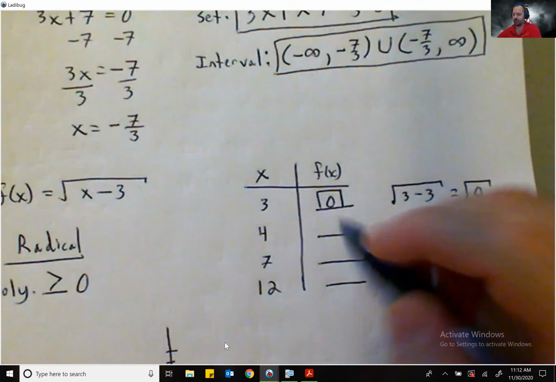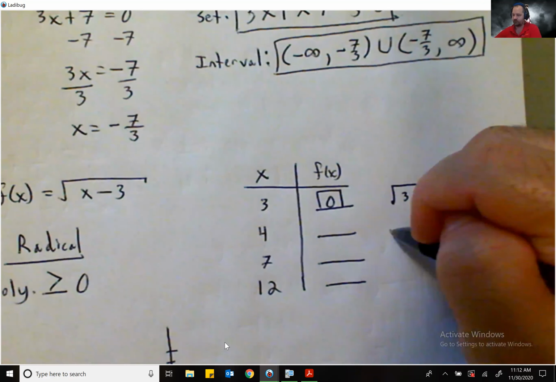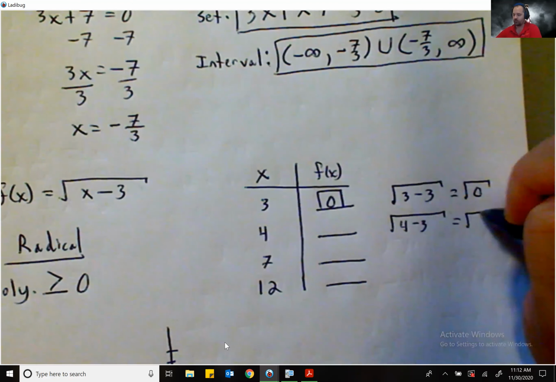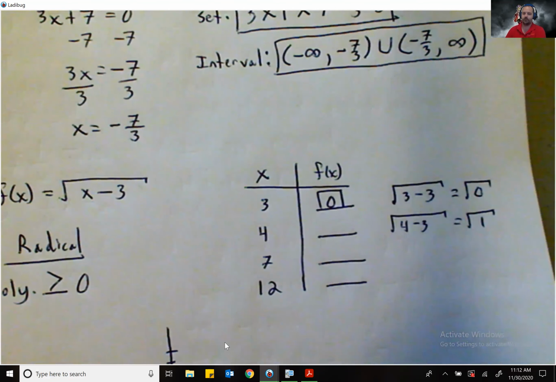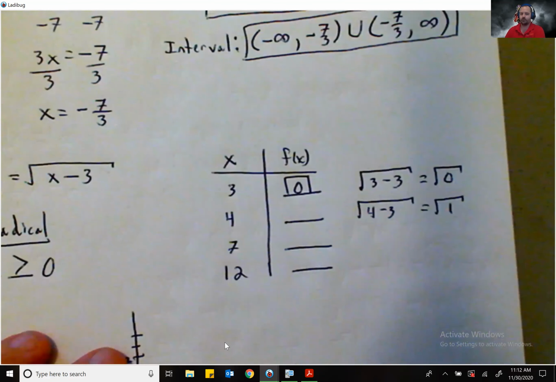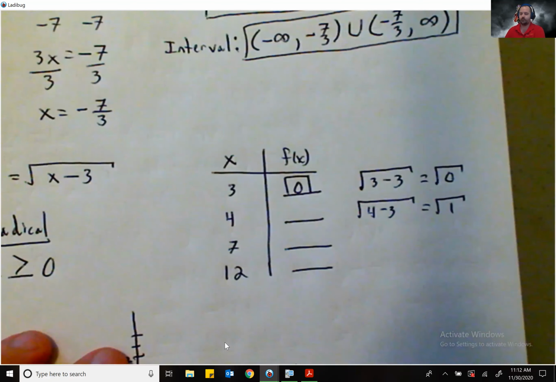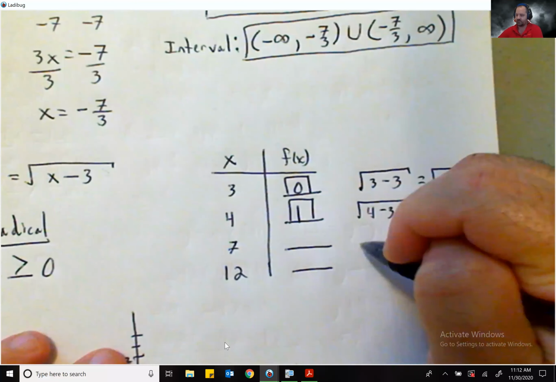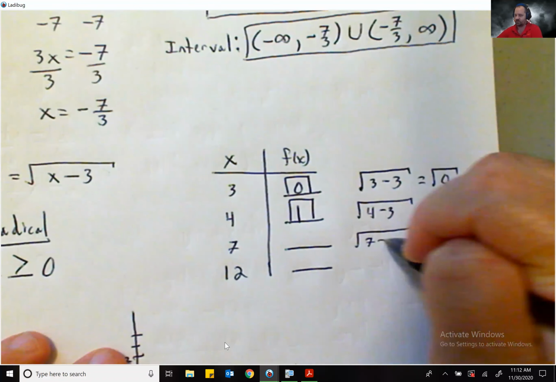Then you plug in again, this time a 4. 4 minus 3 is 1. What's the square root of 1? One. There's the second answer. Then we plug in 7. 7 minus 3 gives us the square root of 4.